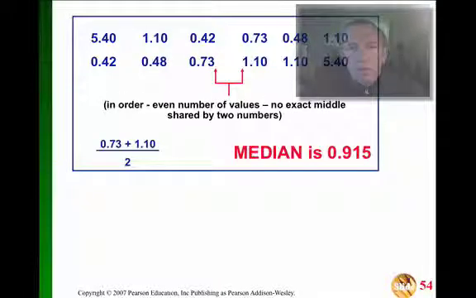Remember, when we looked at a simple data set of 6 points, we knew almost intuitively that the median was, of course, halfway, half the data above and below. So on an even number of data points, we simply took the average of the two middle data points, as shown here, 0.73 and 1.10, and got 0.915.